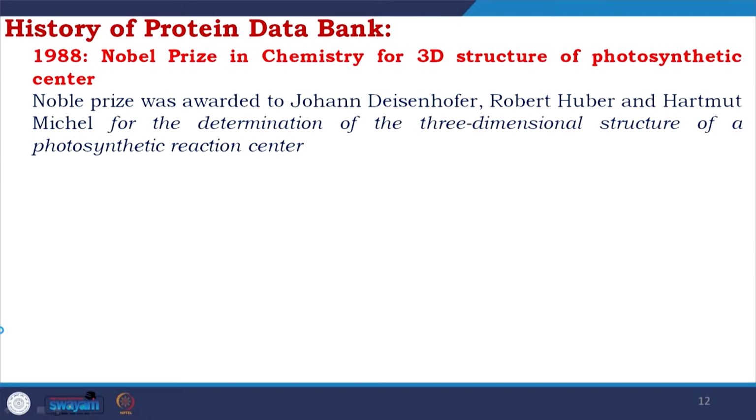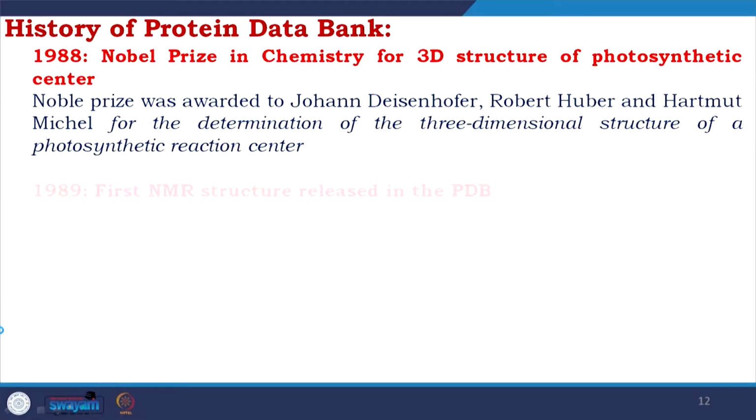So, these are marked for PDB because each of these awards actually helped PDB to grow more. The Nobel Prize was awarded to Johann Deisenhofer, Robert Huber and Hartmut Michel for the determination of the three-dimensional structure of a photosynthetic reaction center.